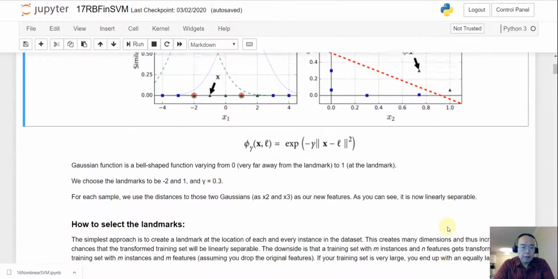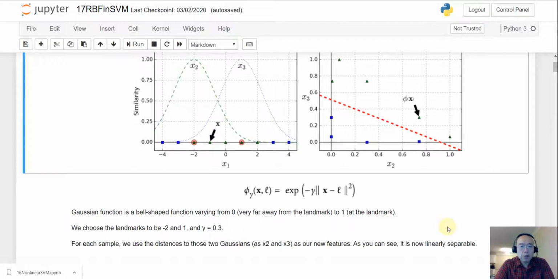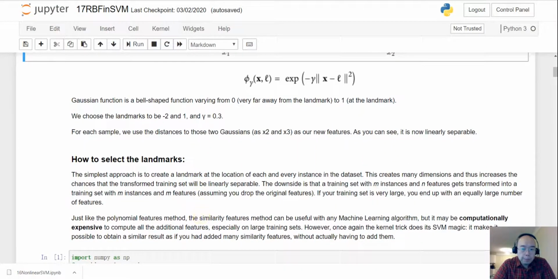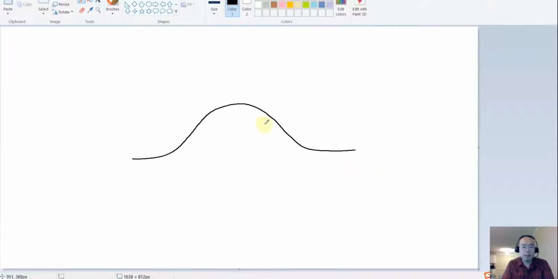Another thing we want to discuss is that when we are drawing the Gaussian curves, there is a very important hyperparameter called gamma. If we draw a Gaussian curve, it can be like this. This is a very, very fat Gaussian, right?